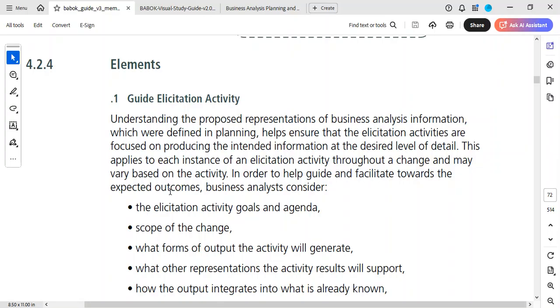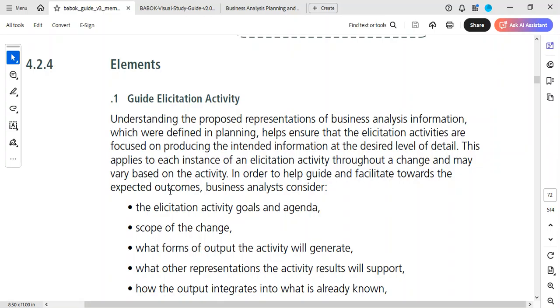It helps you to ensure that the elicitation activity plans are focused on producing the intended information at the desired level of detail. So you first of all make sure that you understand what is expected or the information that has been given to you. This would help you ensure that whatever output you are getting at the end of the day is aligned with whatever plan you have made.